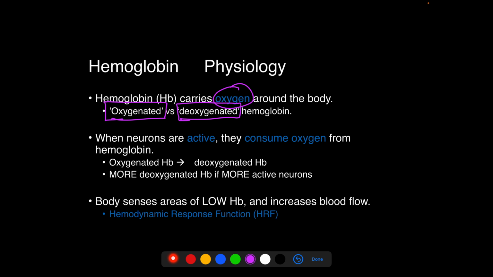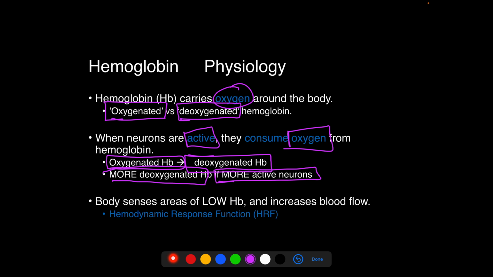When neurons are active, what they do is consume this oxygen from hemoglobin. So they convert oxygenated hemoglobin to deoxygenated hemoglobin when active. And building on that, there is more deoxygenated hemoglobin if there are more active neurons.